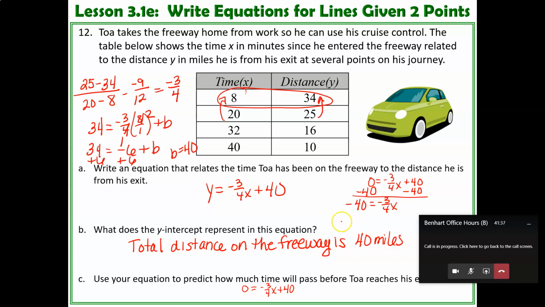So we are going to take -40 and multiply times 4/3, which will give me -160 divided by 3, which is about 53. About 53 minutes.